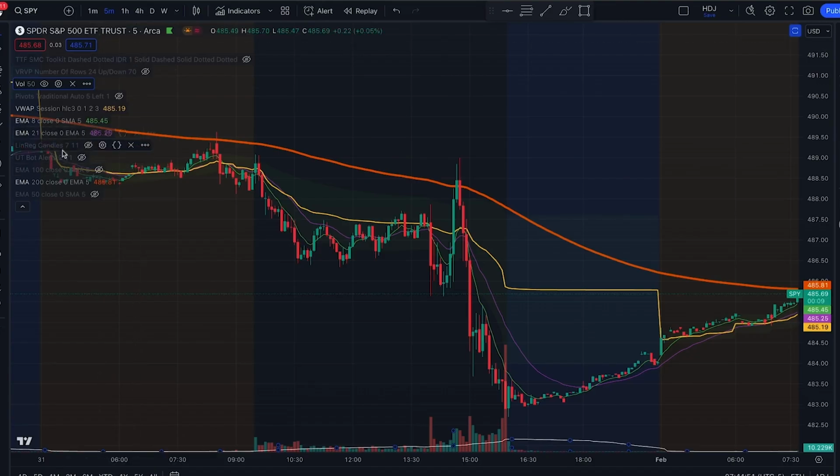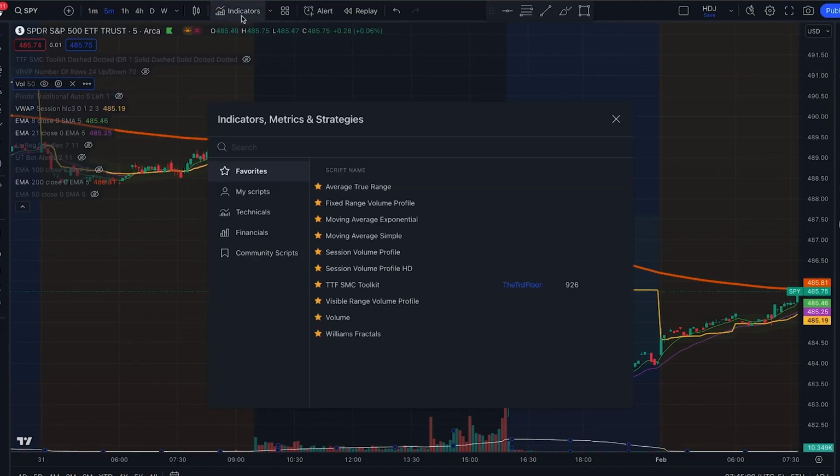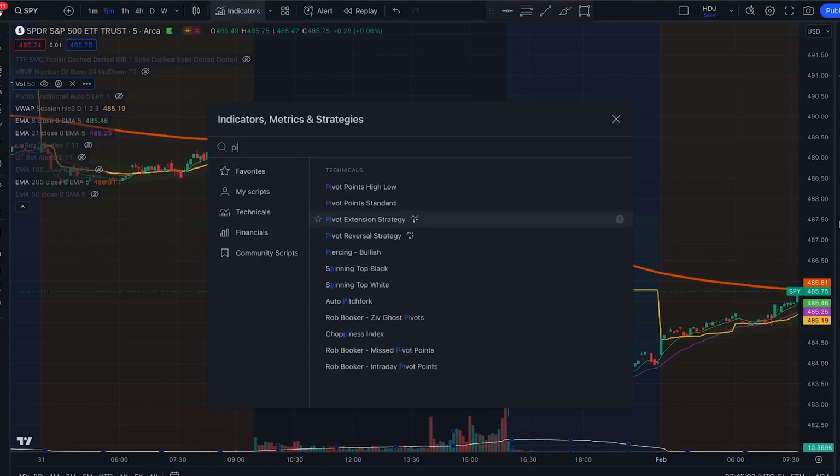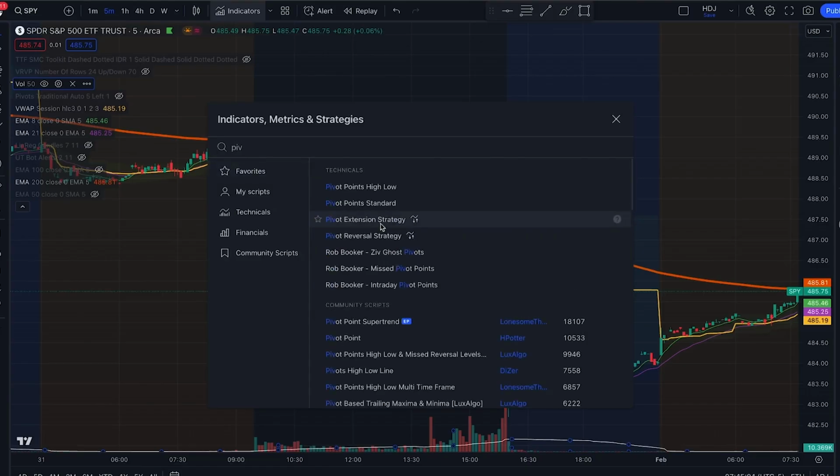Okay, let's talk about pivots. Now, to add pivots, come back to indicators, and you'll type in pivot points standard.